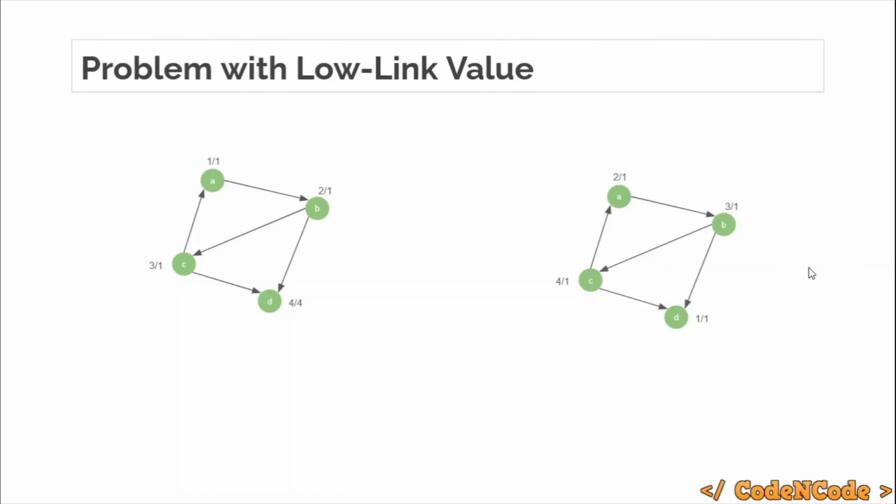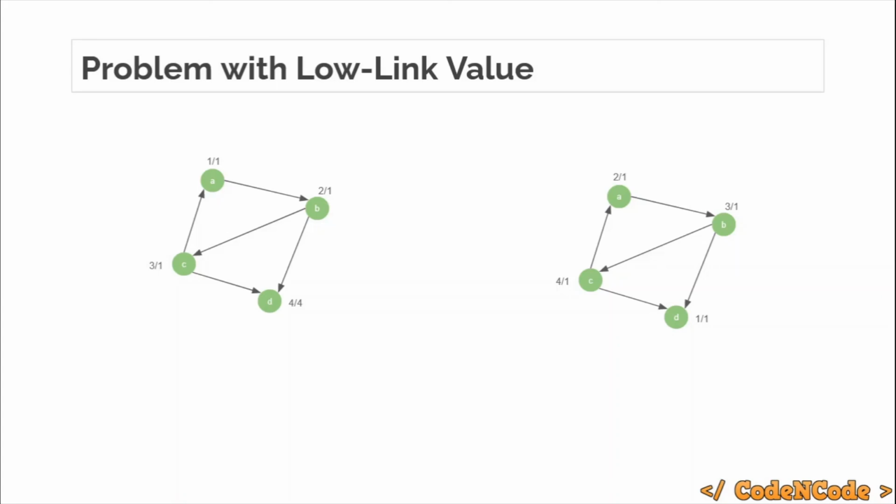If D doesn't exist in that valid list, then you won't be updating your low link value. So Tarjan's algorithm imposes a restriction upon which nodes you can update your low link value from. And how we do that, we'll be studying in the next lecture.